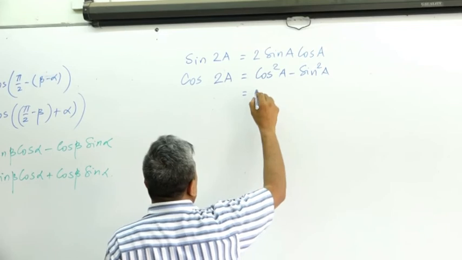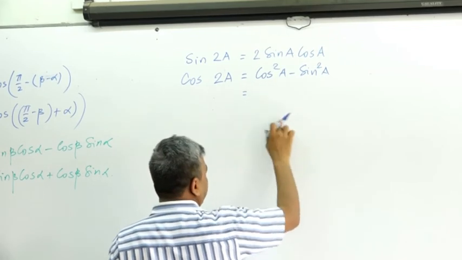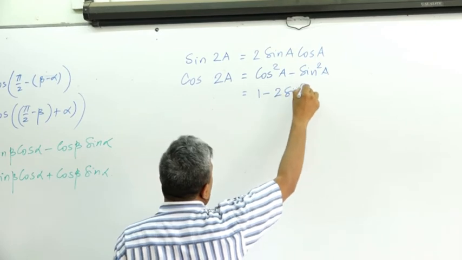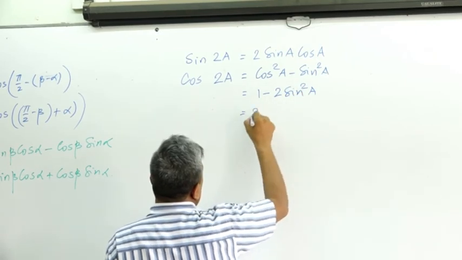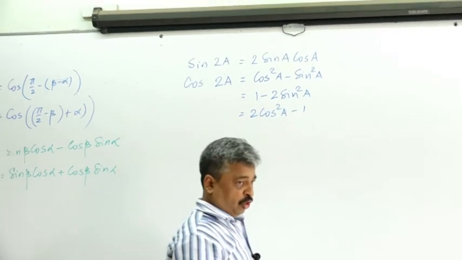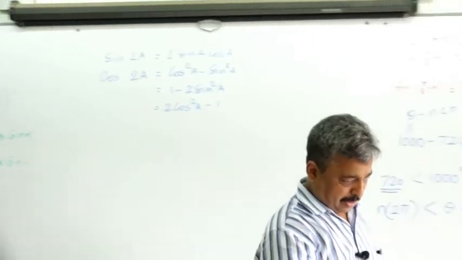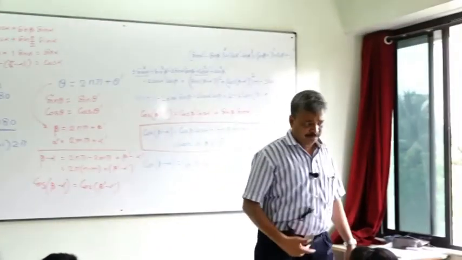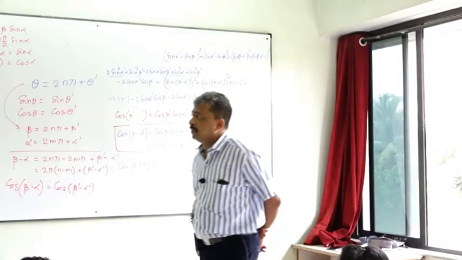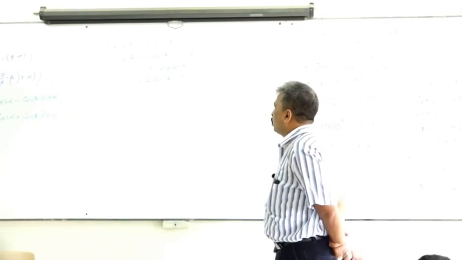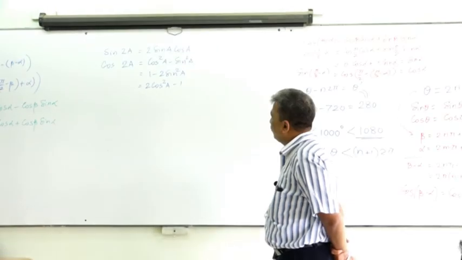So if I want to express it in terms of sin, it is 1 minus 2 sin square A, and 2 cos square A minus 1 is also cos 2A. So cos 2A can be written in 3 different ways: cos square A minus sin square A, 1 minus 2 sin square A, and 2 cos square A minus 1.